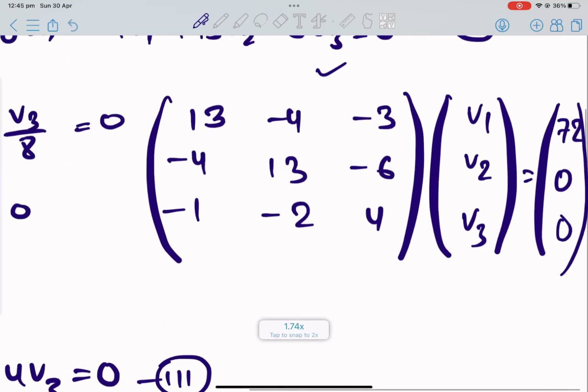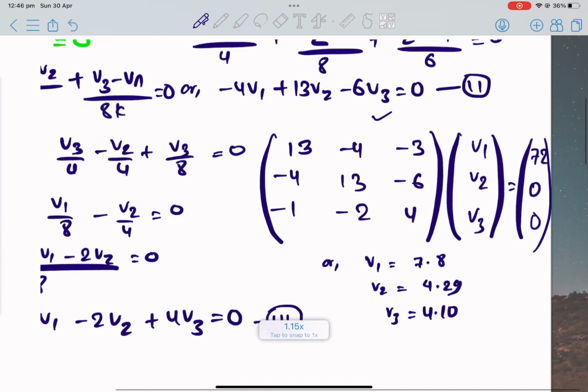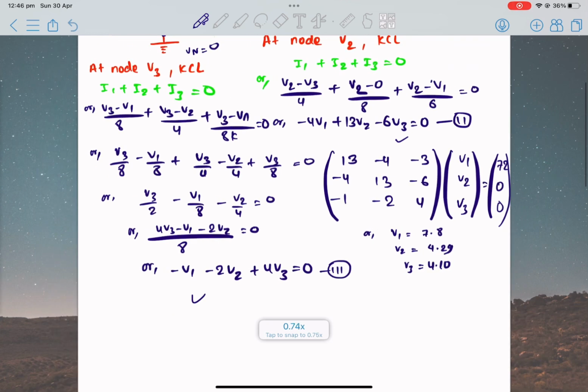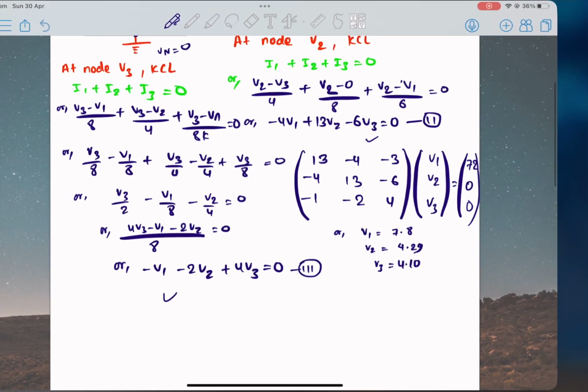So we have this matrix developed here. After solving all of this, we can get V1 equal to 7.8, V2 equals 4.29, V3 equals 4.10. You can also solve this using your scientific calculator. I can upload a video later on how to solve three equations in your calculator. So I usually do that.